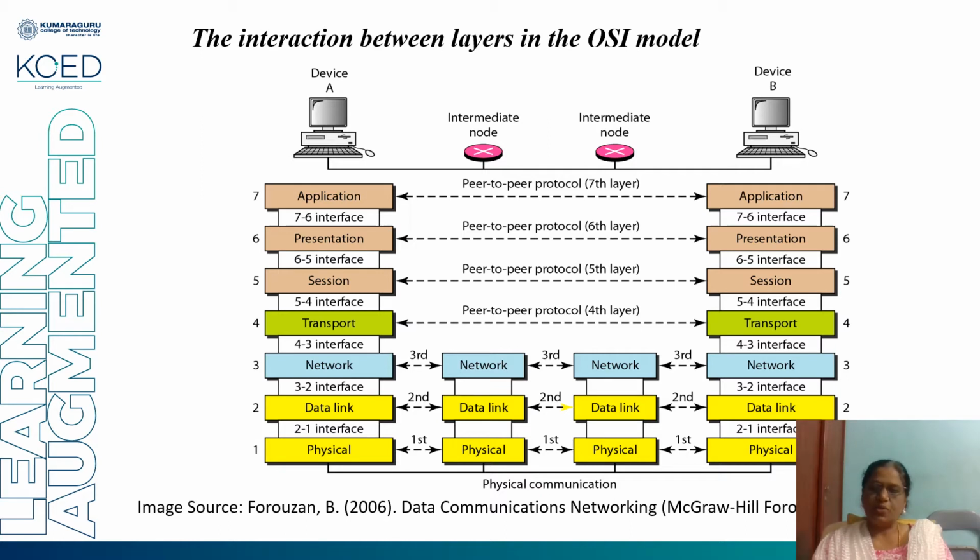In network layer, we can have protocols such as IP, ICMP, IGMP and so on. In transport layer, we can have protocols such as TCP or UDP. In application layer, we can have any protocol such as HTTP, SMTP, SNMP, FTP or any other protocol as per the application that runs it.